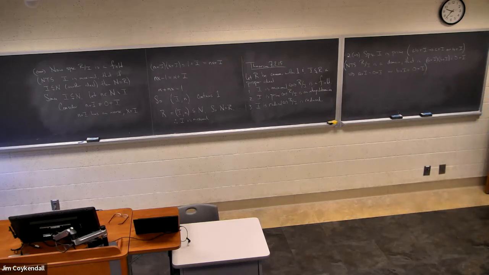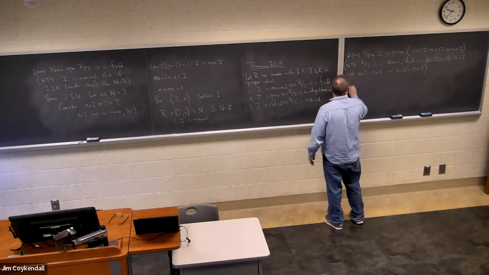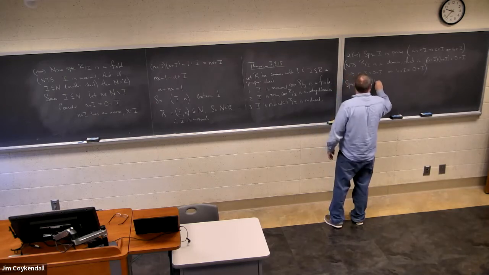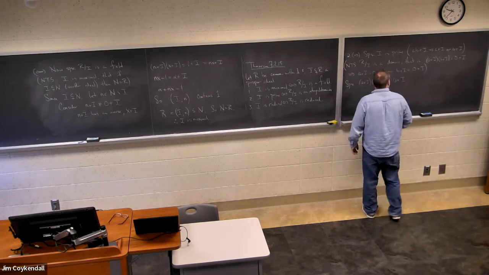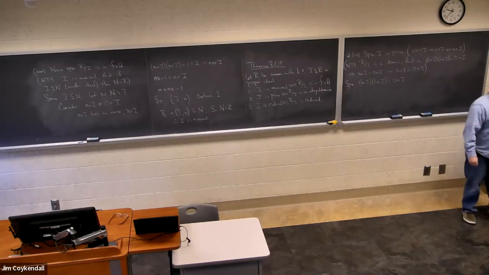Okay, well, let's go for it. All right, suppose that the product of two things in R mod I gives you the 0 coset.